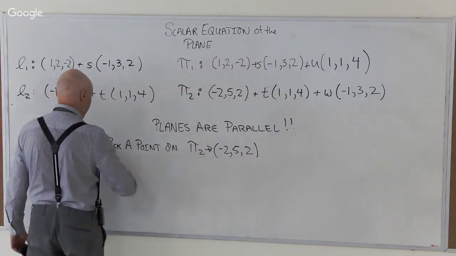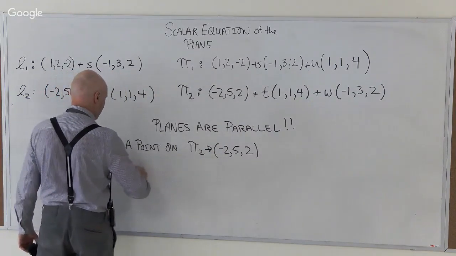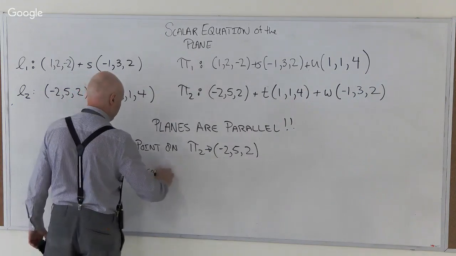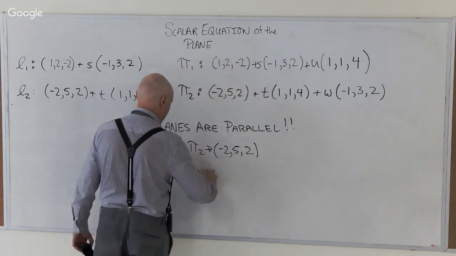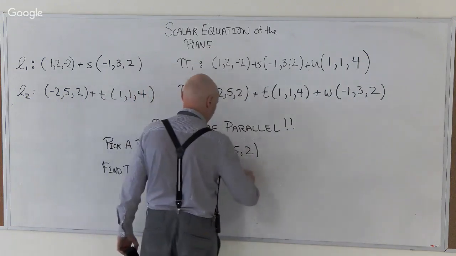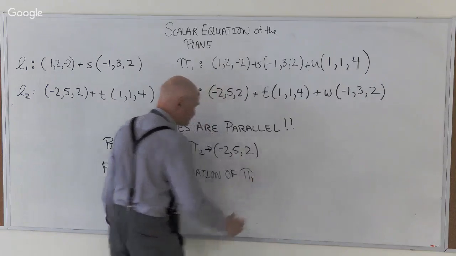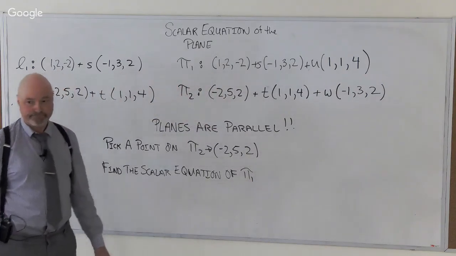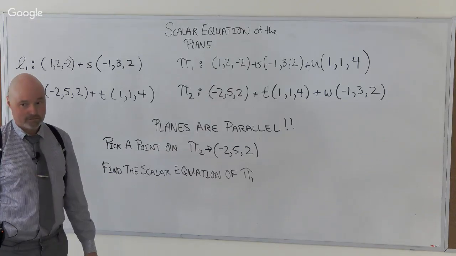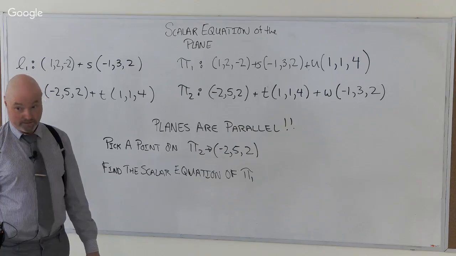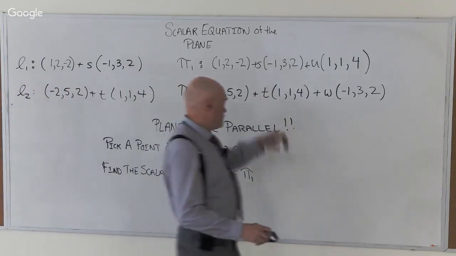I am going to find the scalar equation of plane 1. How am I going to do that? I know you know. If you said to yourself quietly, cross product of the two direction vectors, you're right.